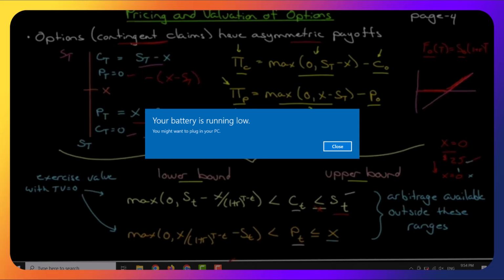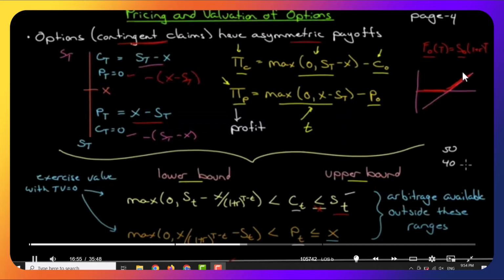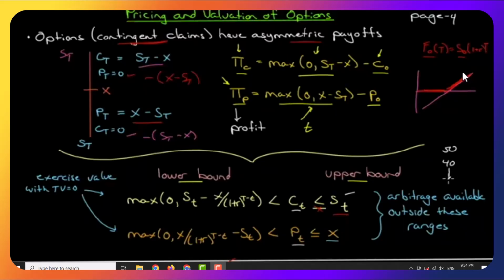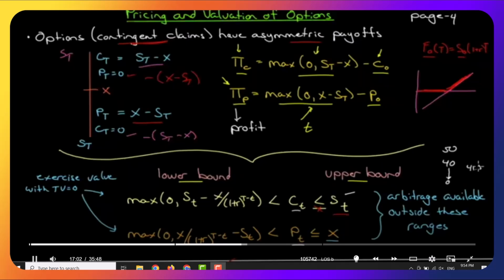So for this one, let's just erase this, and we will write something else in here for the put. Let's say you have a stock at $50 and you're going to buy a put with a strike at $40. That gives you all the profitability down to 0. And let's say the price was $41.50.